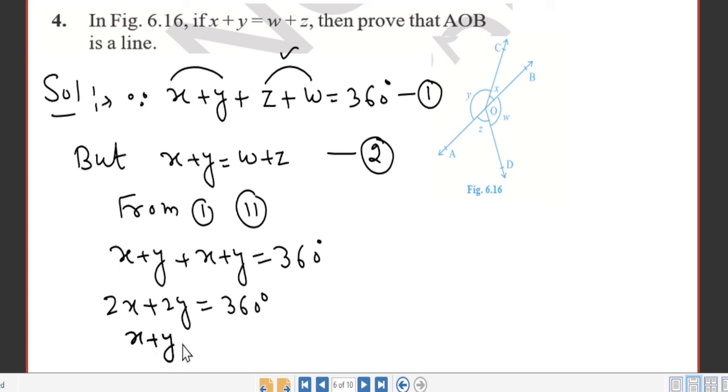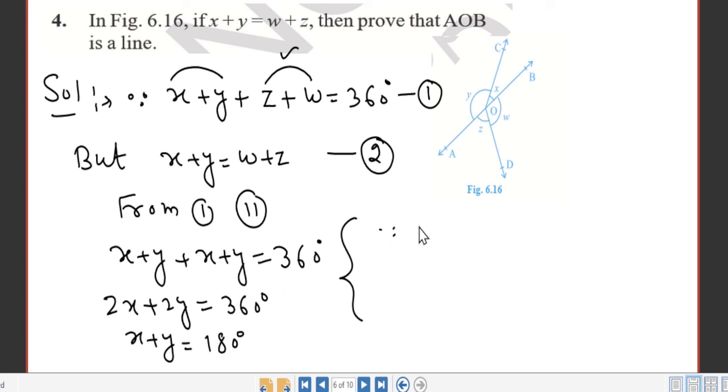Okay, it is 180 degree. Now see, since angle x plus angle y are two adjacent angles and their sum is 180 degree, the opposite arms of the two adjacent angles form a straight line. So you have to give the reason.